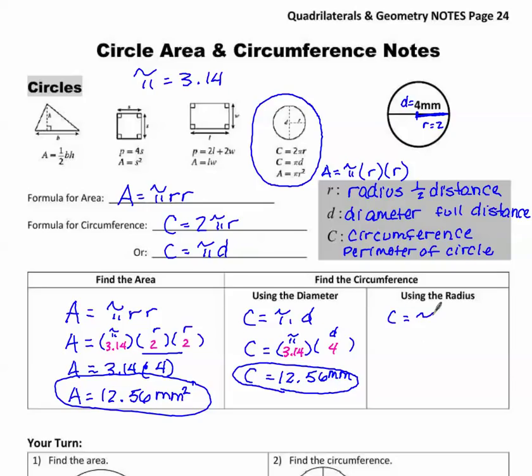And now let's do it with the radius. C equals 2 pi r. And you have to multiply 2 times pi times radius because it's like multiplying the radius by 2, so you can get back to that diameter. So C equals 2 times pi times r. And if we plug in those, 2 times 3.14 times r, which is 2.